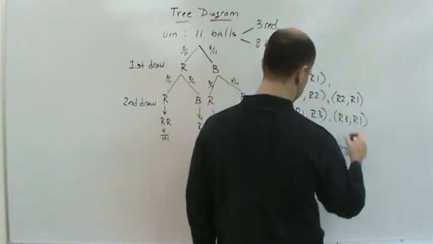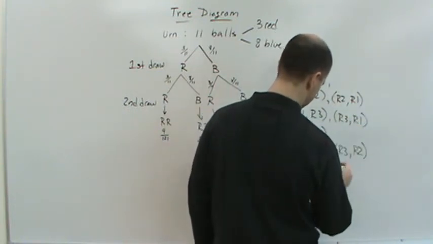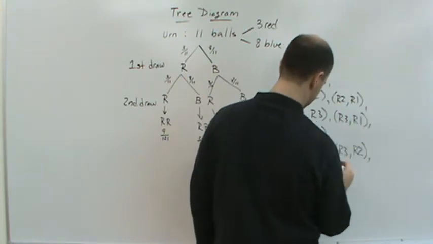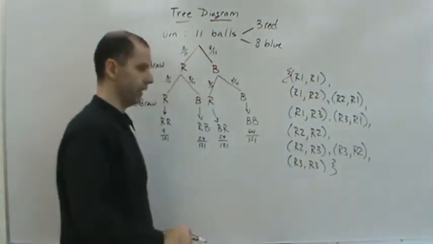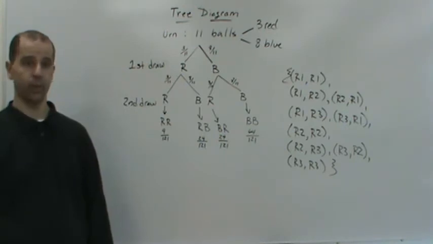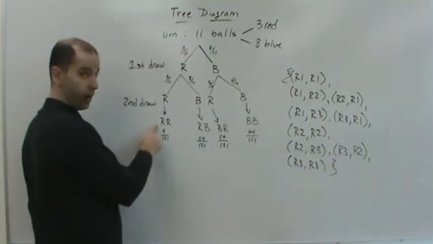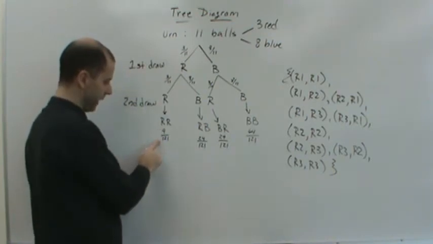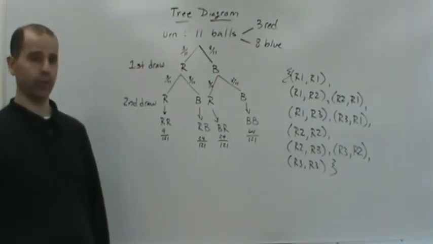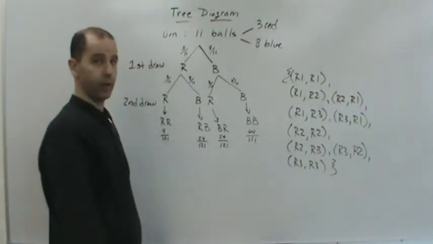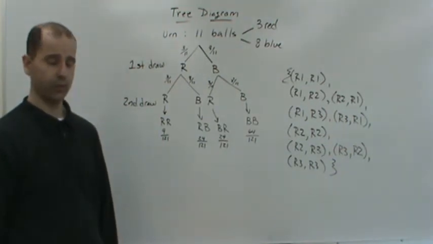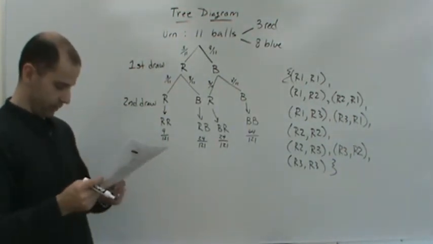So now those are all 9 of the possible outcomes, okay? And any one of these outcomes will give me RR, okay? So that's where the 9 out of 121 come from, okay? And you could do the same thing for any one of these, okay? So that will answer the first part.